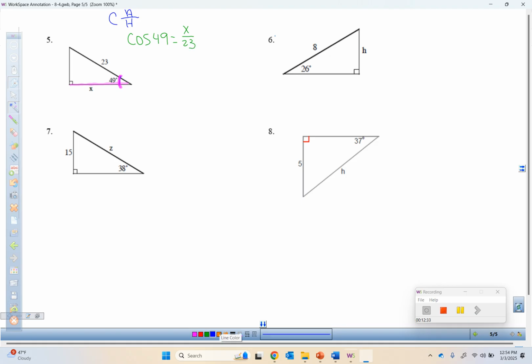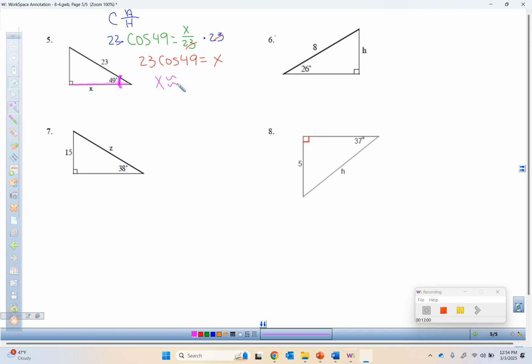These are like what we did on our bell ringer this morning and what we did last lesson. Now we have to get rid of that denominator, and we have to do it to both sides, and that allows these to cancel. Now I have 23 cosine 49 equals x. Is my x by himself? Yes. So that means I can put this in my calculator and come up with x.